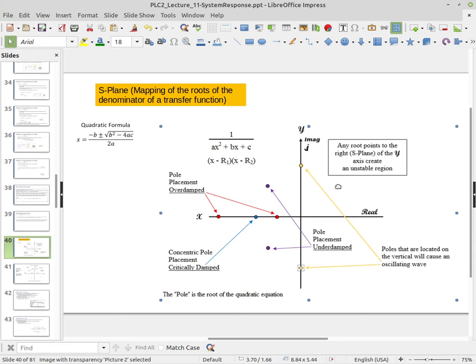Now, if you wanted to build a perfect oscillator, you would actually make B go to 0. So if B is 0, then you're just going to have 2 imaginary poles, and they're going to be conjugates, one is going to be plus j, the other one's going to be minus j at the same distance. In that case, you would have a perfect oscillating system.